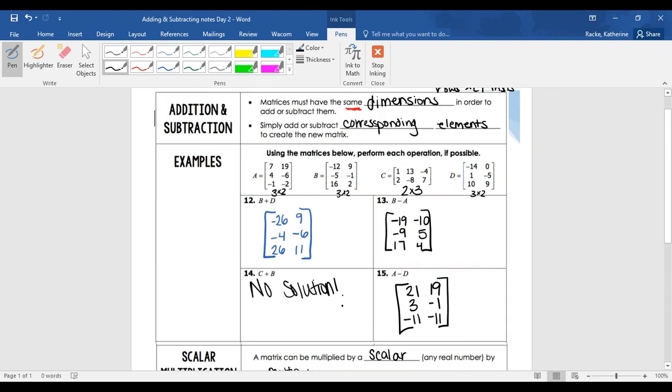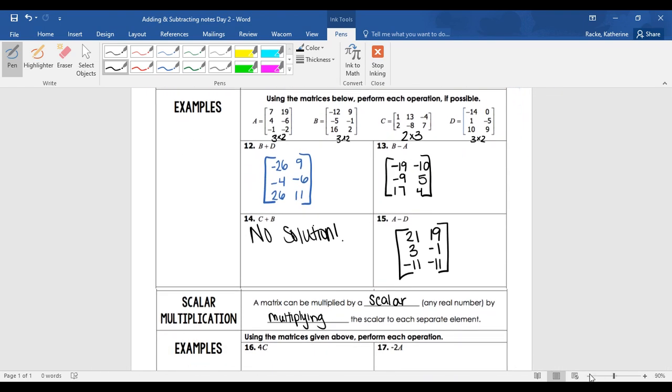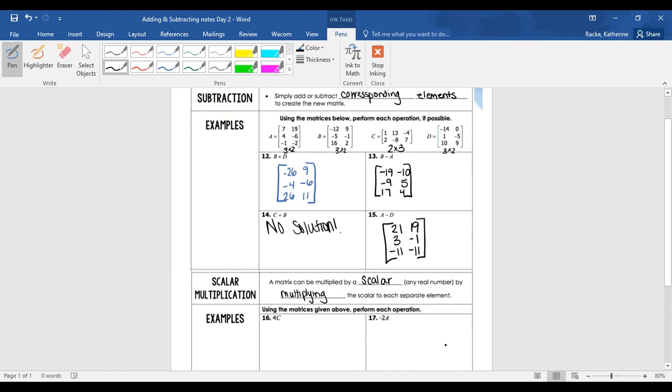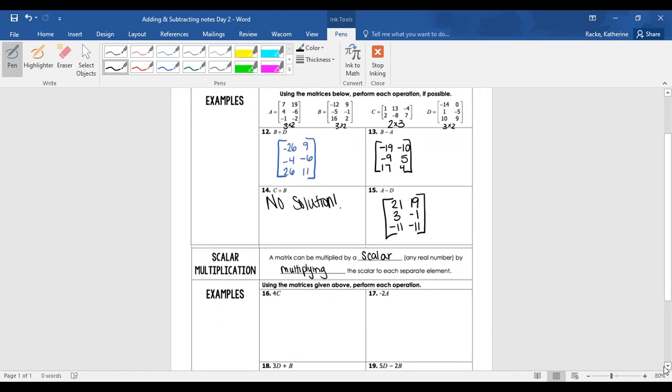So zoom out here so we can see everything. All right, 16 says we're doing 4C. So because I'm doing 4C, I'm just multiplying everything in C by 4. So 1 times 4 would give me 4. 13 times 4 would give me 52.